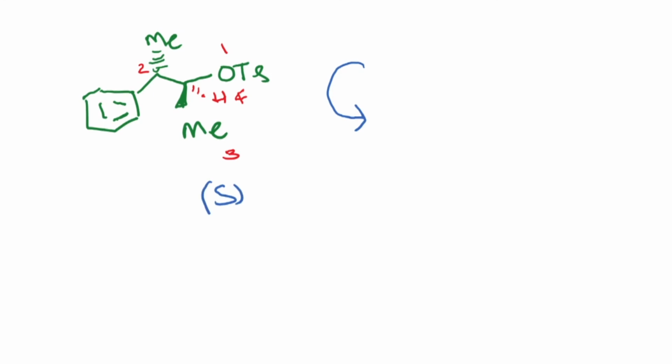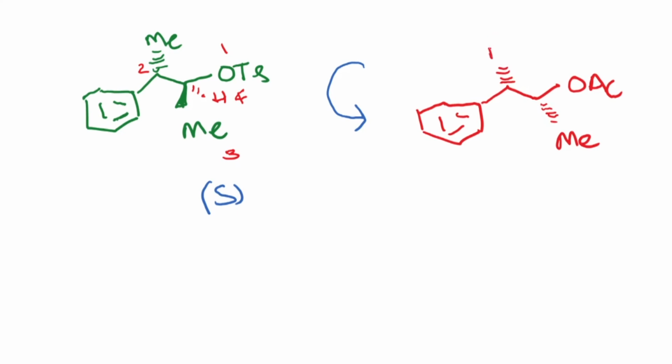Okay. So if there is inversion in stereochemistry, then the product that is expected would be OAc. And so the methyl here would be going in, methyl here would be like this, and the hydrogen is coming towards the plane of the board. Okay. So again, the numbering is in the following way: 1, 2, 3, and 4.